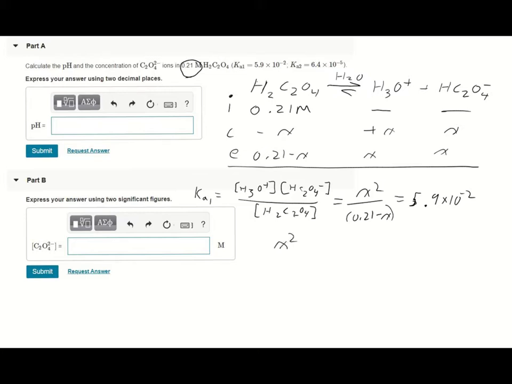So first thing, I'm going to bring my bottom numbers up. So I'm going to multiply both sides by my 0.21 minus x.